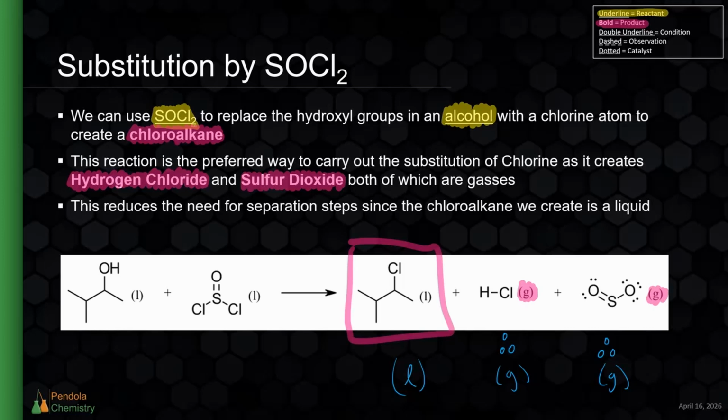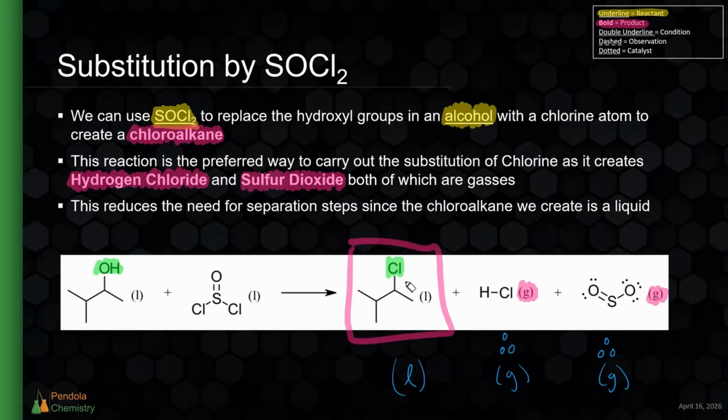So this is one way to undergo a reaction where the hydroxyl group, the OH group, in an alcohol is going to be replaced with a halogen, but more specifically chlorine, to create a chloroalkane, and then have the product just be the chloroalkane.